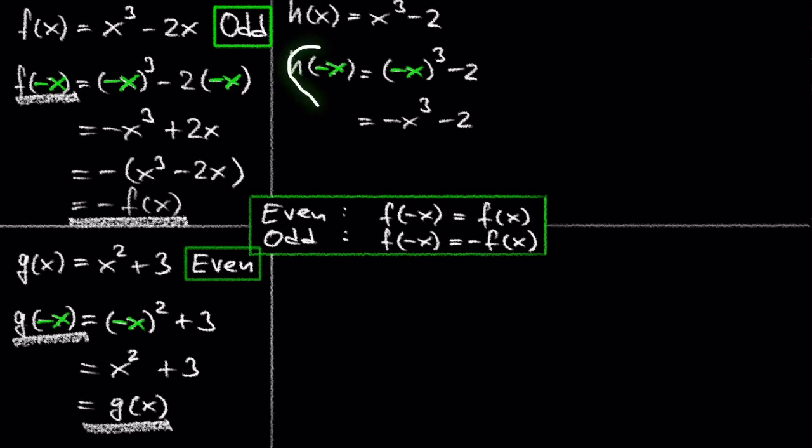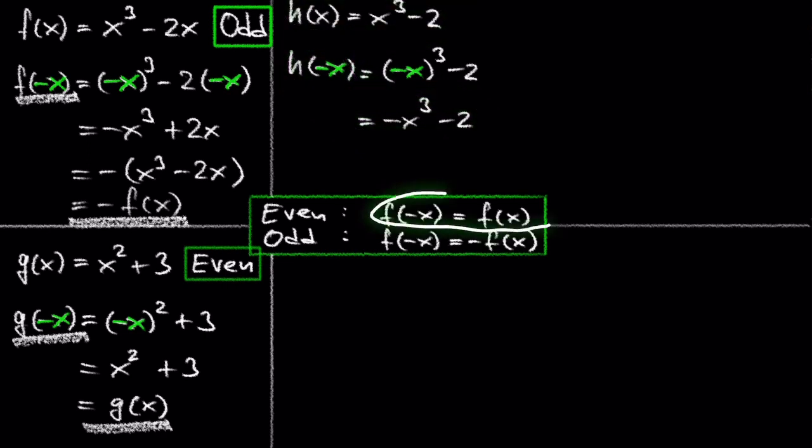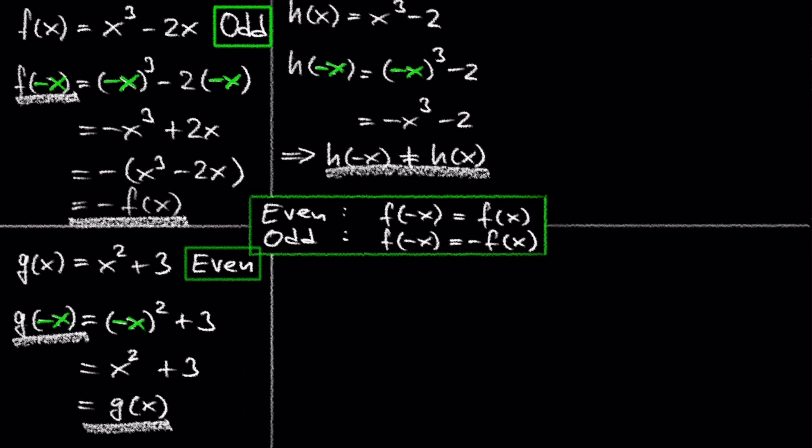We see that h of negative x is not equal to h of x. Which means the function h of x is not even.